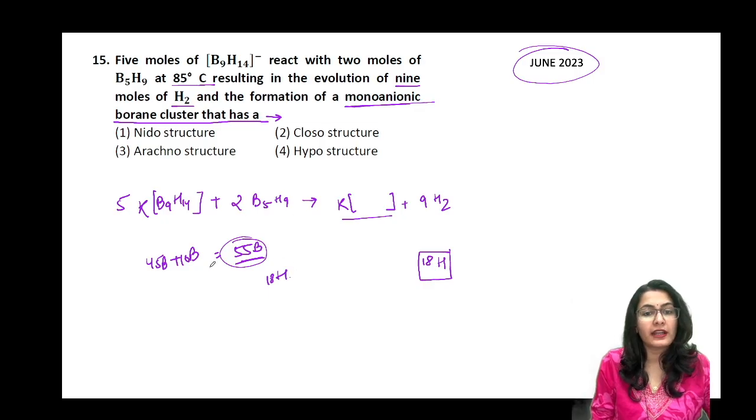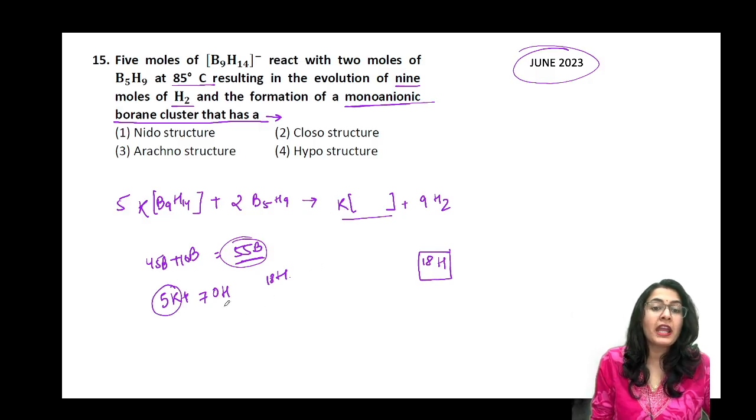Yahi pe 18 aa gaya. On this side, you have how many hydrogen? You have 5K, 70 hydrogens. Okay, so 5K, I have to take the 5K in consideration, and I have 70 hydrogens and 55 boron. How is that possible?